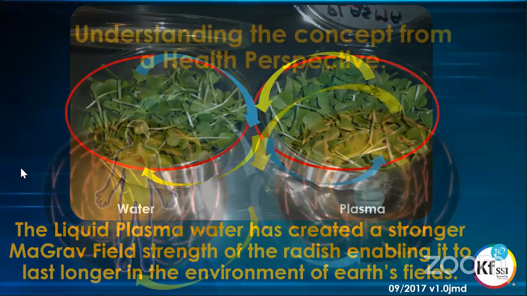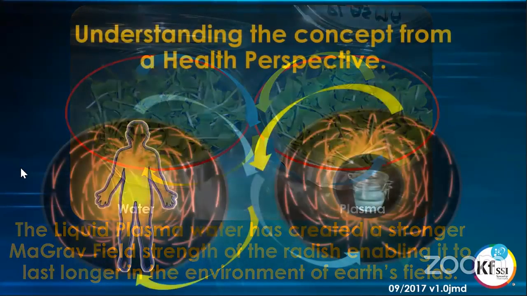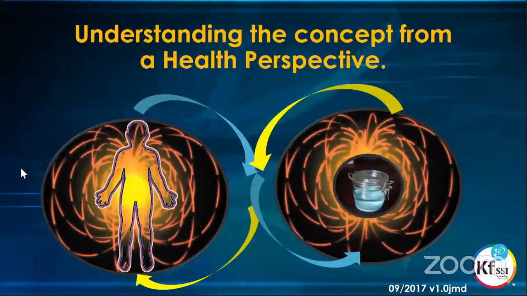So this concept of the stronger feeding the weaker, we can relate that now to different parts of the technology. One part of it is when we're using the GANs in certain medical applications, whether we're using the liquid plasma water, we are having that same connection with the human body, and we also have the same principle where we have a stronger one feeding the weaker one.